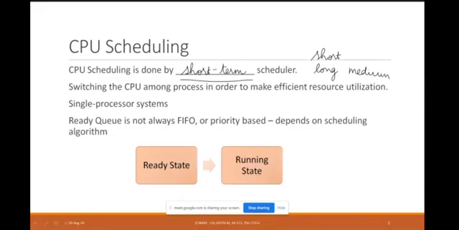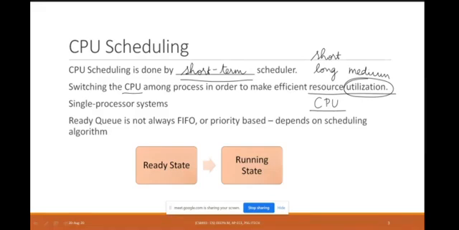CPU scheduling means you are going to switch the CPU among the processes so that you have proper resource utilization or CPU utilization. So we are going to switch the CPU among the different processes which are available in order to have a good utilization of all the resources.